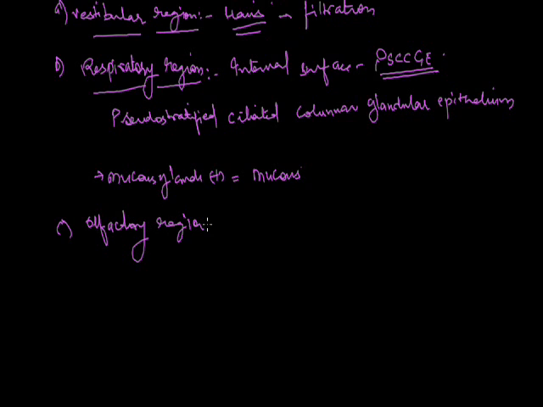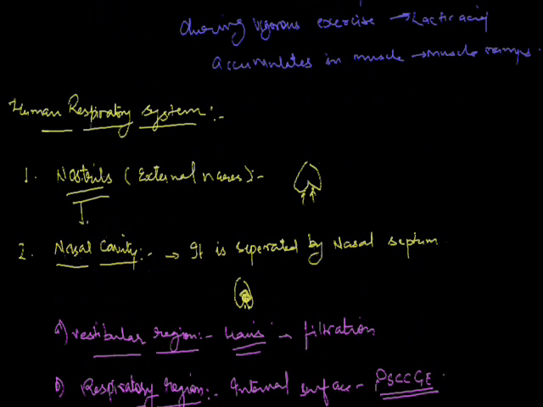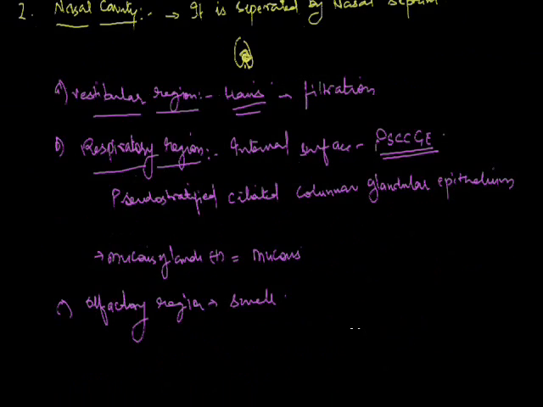And this olfactory region is responsible for the smell of anything. So once the air has entered the body through the nostrils, it moves to the nasal cavity, which is divided by the nasal septum. And here three regions are there: the vestibular region, the respiratory region, and the olfactory region. Inside this nasal cavity, some more structures are there.